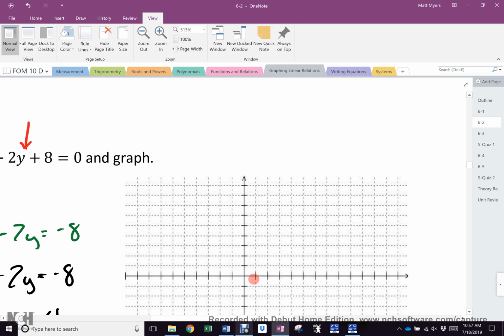Should I put it here? Here? Here? Yes or no? If I put it here, then how much is that? That's a third. And I need negative 8 thirds, don't I?